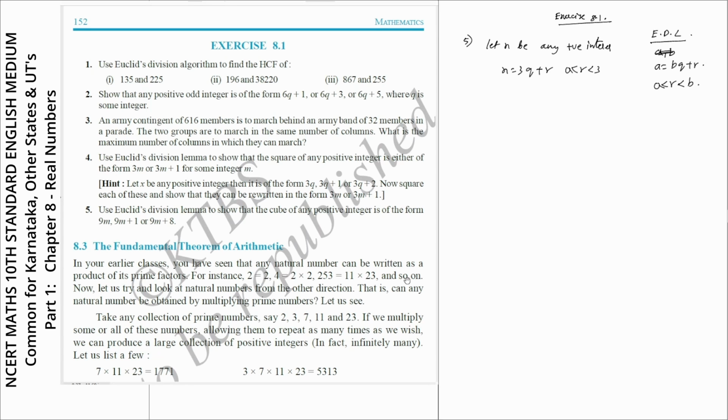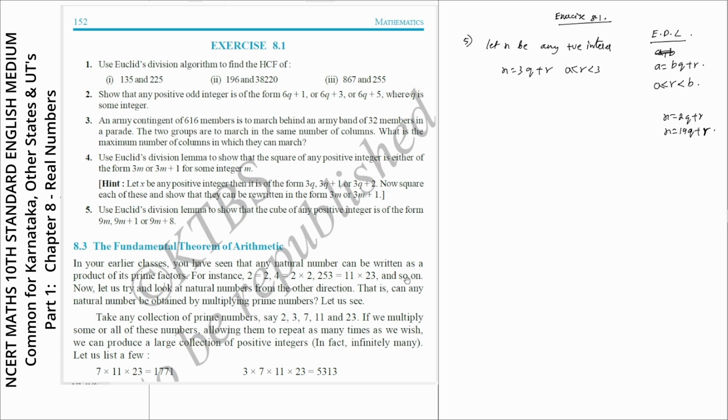Okay, why have I taken 3 here only? Why not x is equal to 2q plus r? Why not x is equal to 19q plus r? I can take anything, it's not an issue. But for this question I will take x is equal to 3q plus r only.